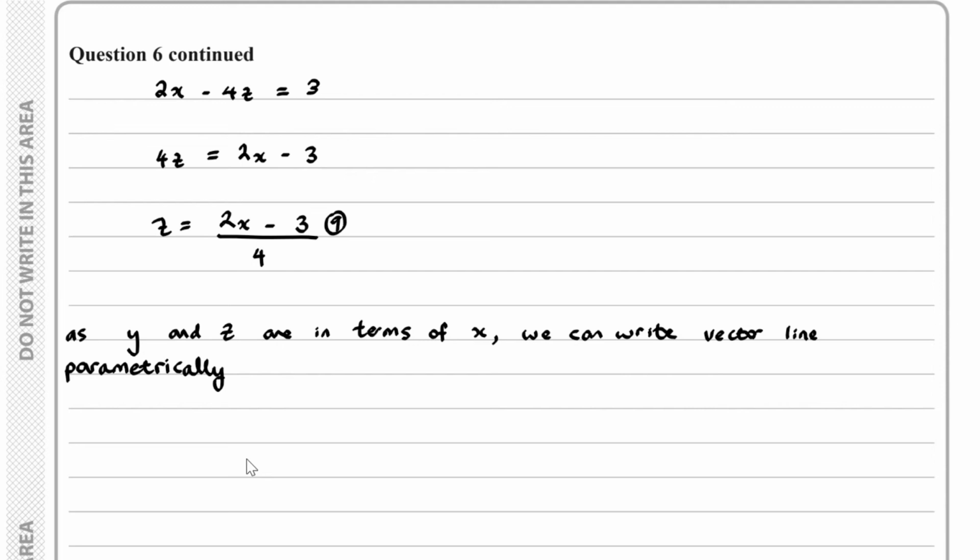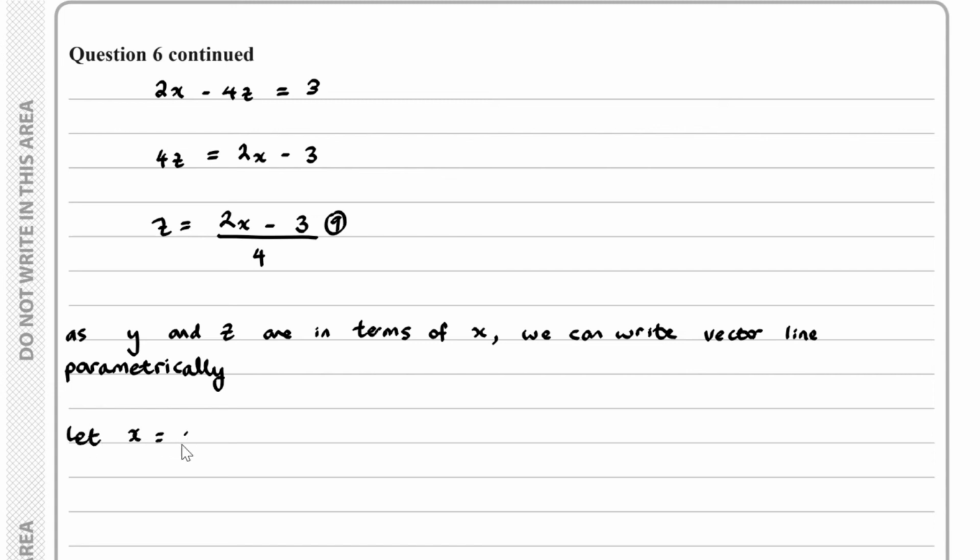So essentially the idea is, because there's an infinite number of solutions, we're going to let x equal just a random number, say lambda, and from that we can find out what the corresponding y and z points are.